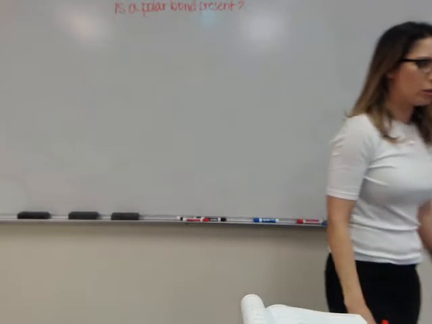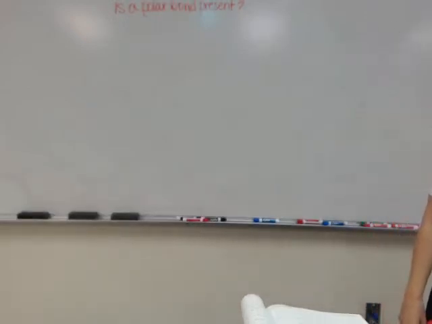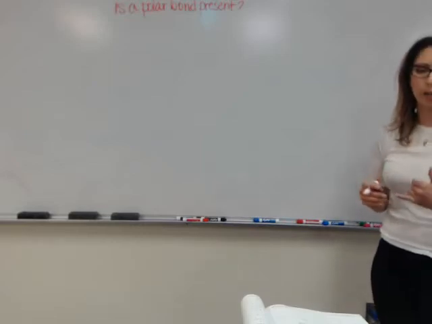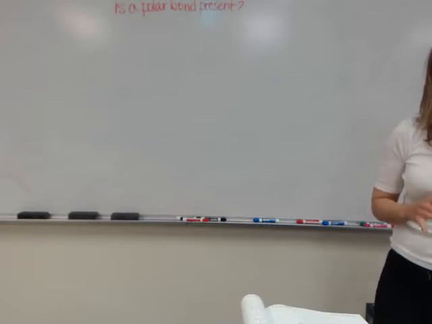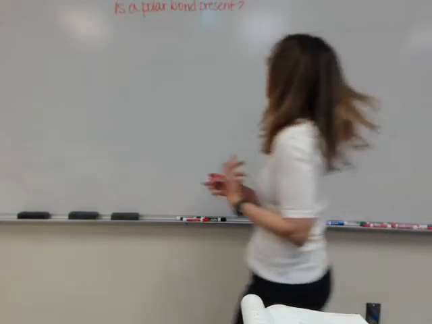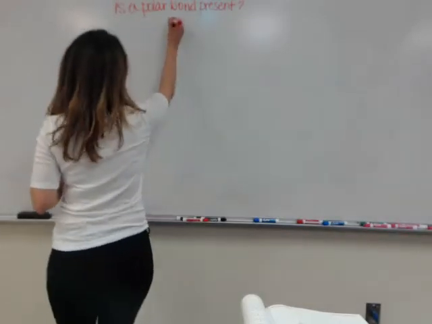There's the first question you ask. Is a polar bond present? So like I said, if you have one type of bond, calculate the electronegativity difference, and if it's polar, great. If you have more than one type of bond in a molecule, then you need to calculate the difference in electronegativity between each type of bond until you figure out if one of them is polar.